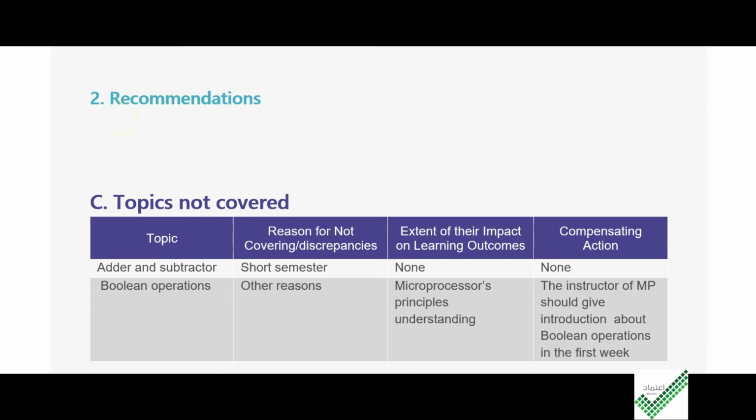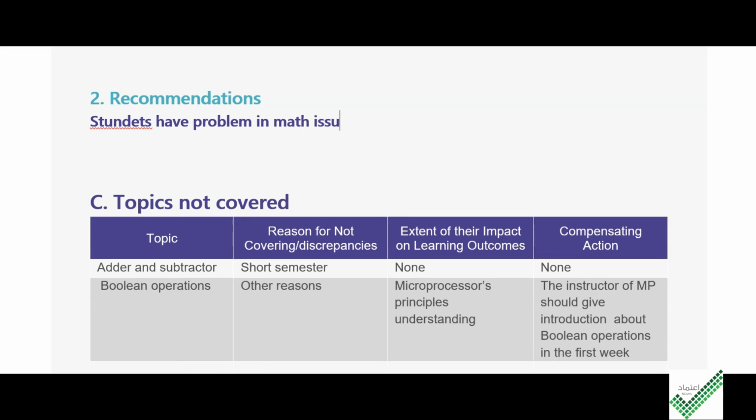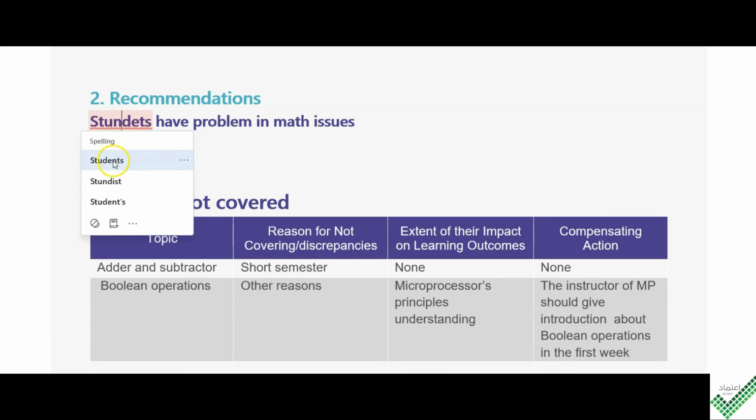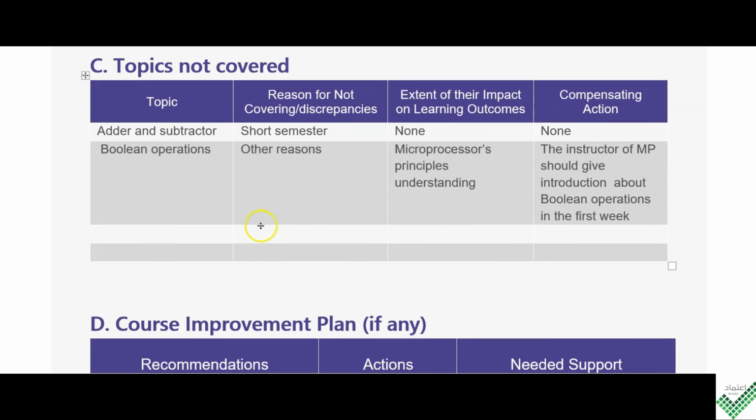For example, students have a problem in math issues. You can write your recommendation. So, for example, you need more refreshment, or math refreshment for background and so on. So you write your recommendations here.